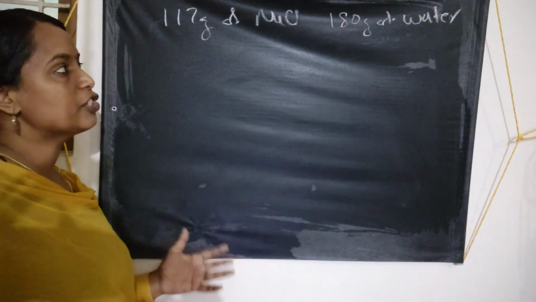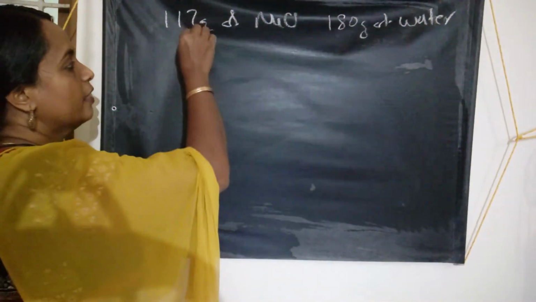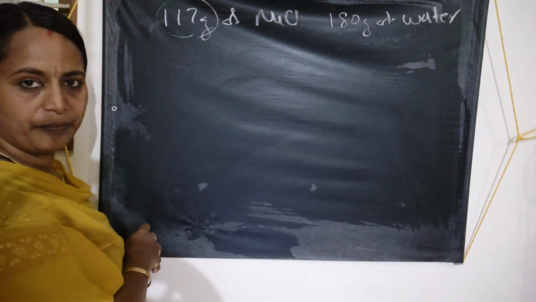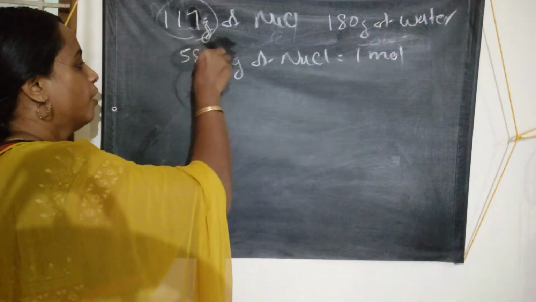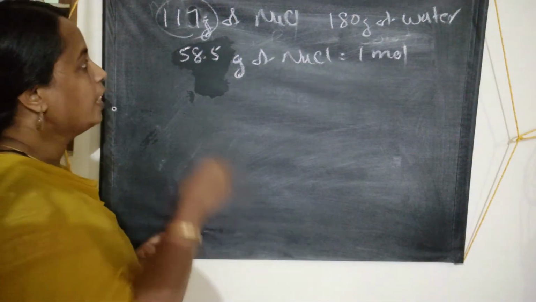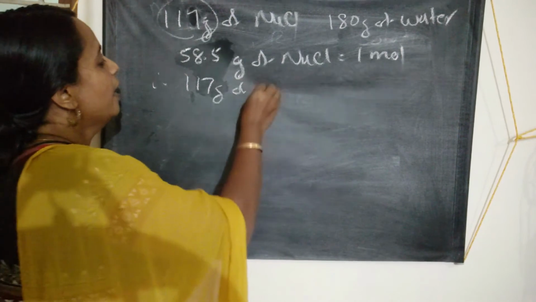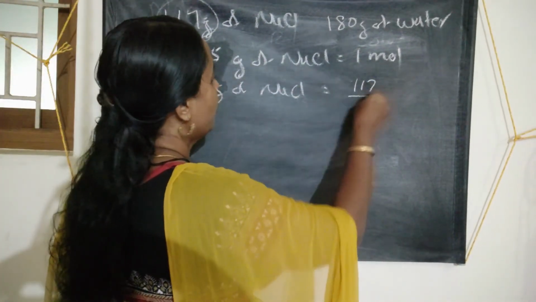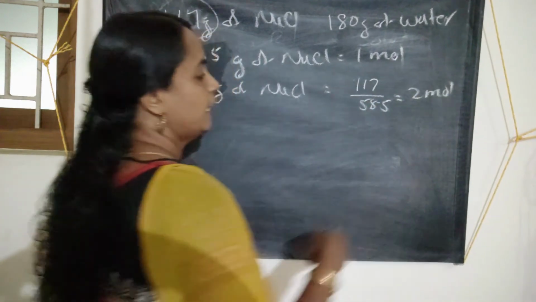For the calculation of the mole fraction of NaCl, we have to calculate the number of moles of NaCl present in 117 grams of NaCl. We know 58.5 grams of NaCl is 1 mole, and therefore 117 grams of NaCl is 117 divided by 58.5, equal to 2 moles, isn't it?